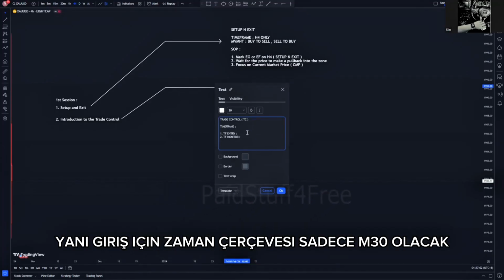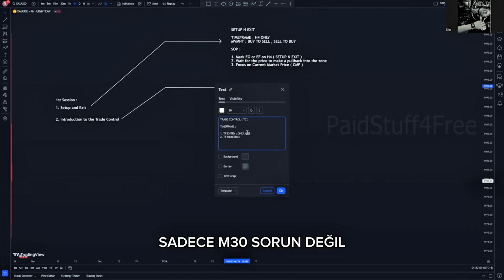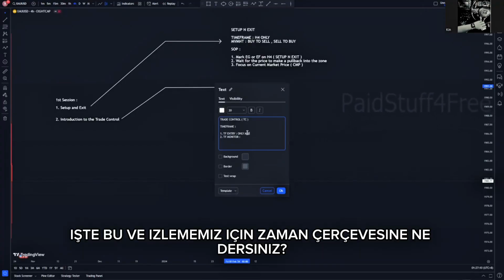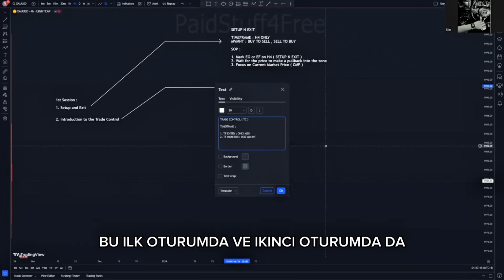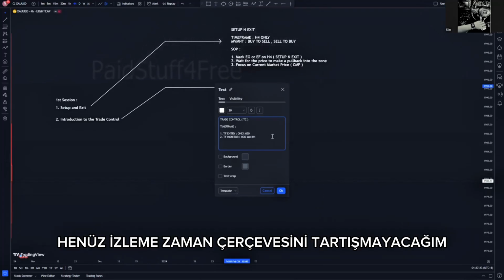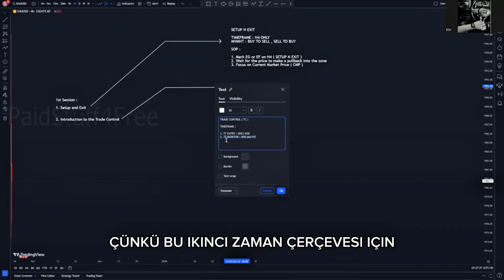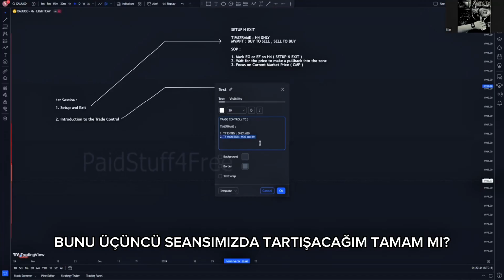The time frame for entry is going to be only M30, just M30. That's it. And the time frame for us to monitor is going to be M30 and H1. In this first session and the second session, I am not going to discuss the time frame for monitor yet; I will discuss it in our third session.